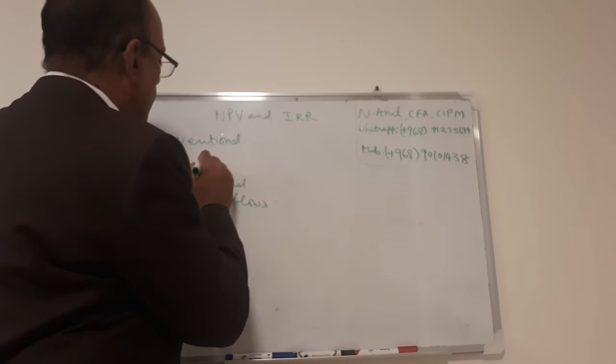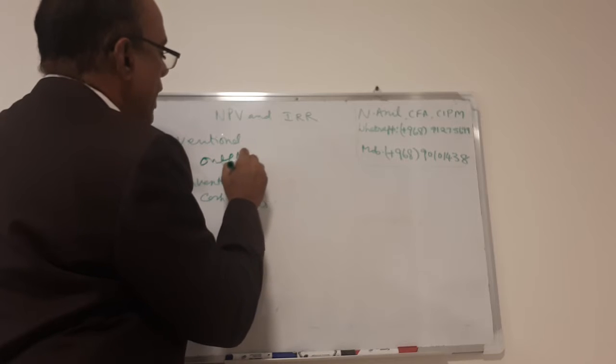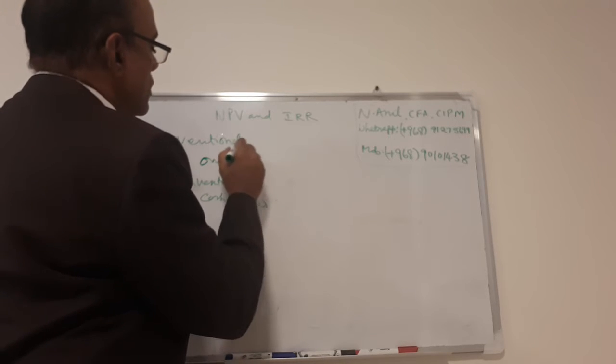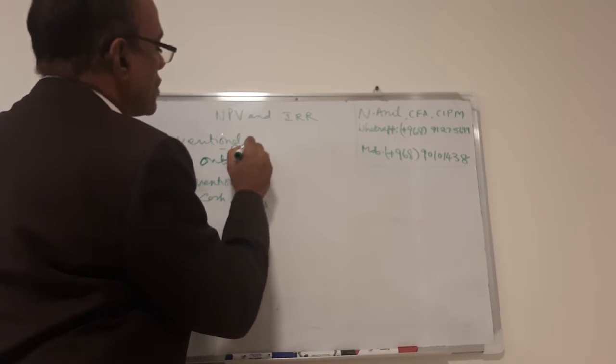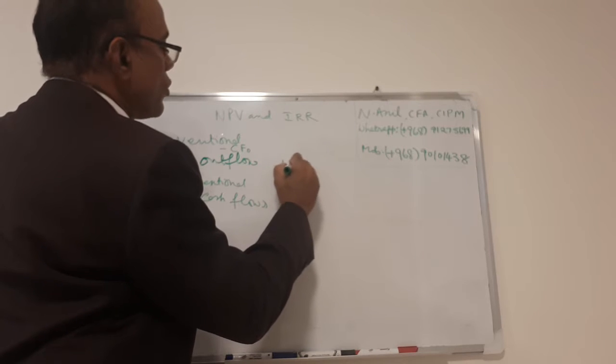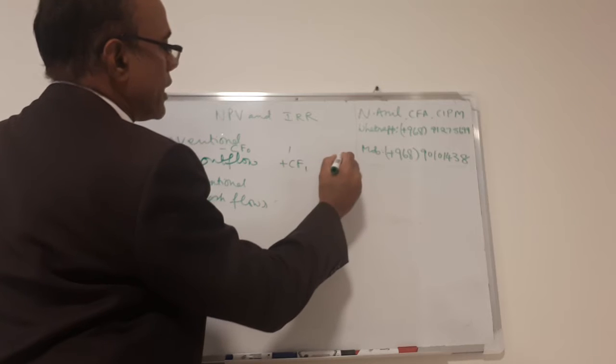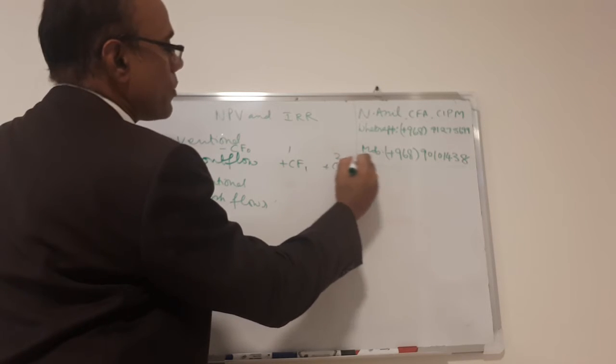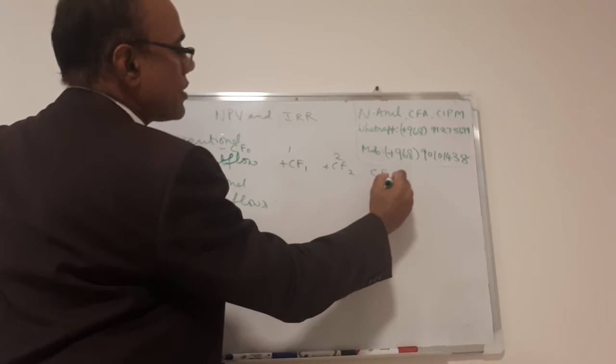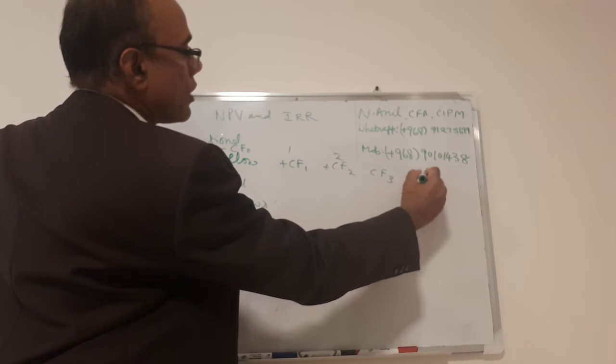So you have one outflow at the beginning, this is negative, minus CF0. Then you have inflows CF1, CF2, at the end of period 1, period 2, period 3, period 4.